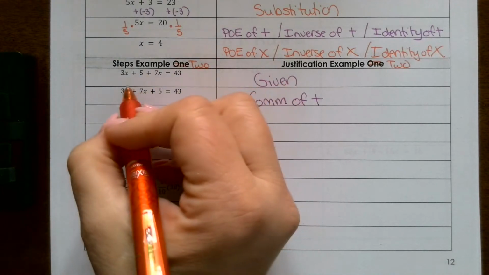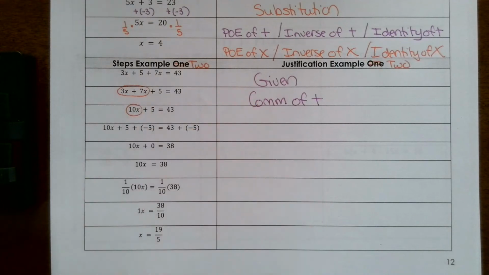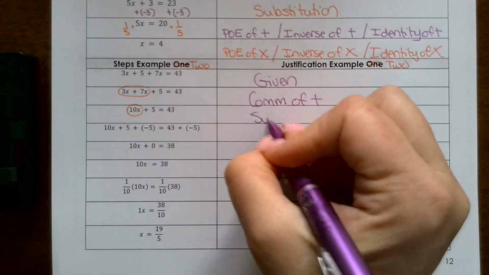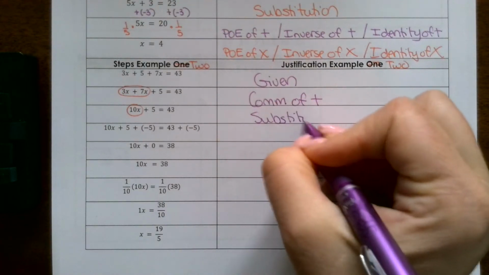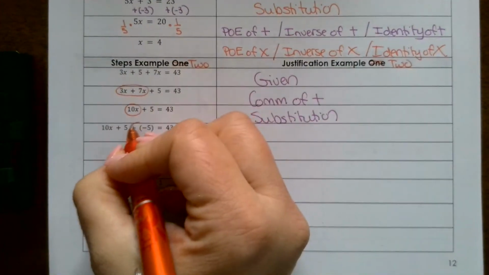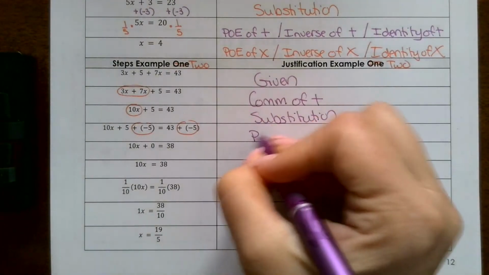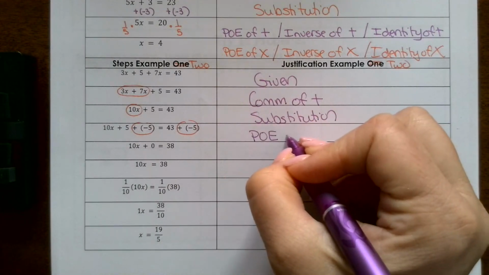Then I can see that the 3x plus 7x has been given an equal value, and there's a little substitution. Now I see that I have added negative 5 to both sides. We've got the addition property of equality.